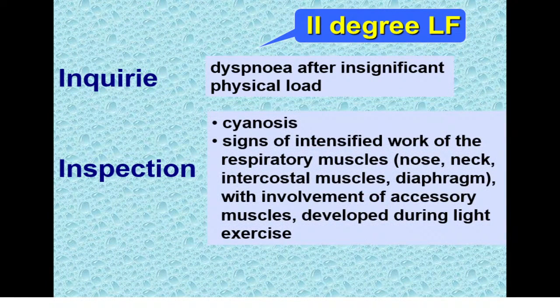after physical exercise, we can see cyanosis, a bluish color of the skin due to hypoxia. We can see active involvement of respiratory muscles. We see the patient cannot breathe as usual. If you examine yourself, breathing is invisible.